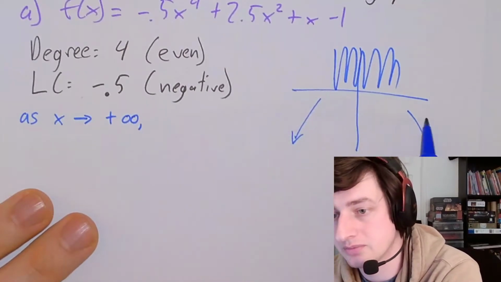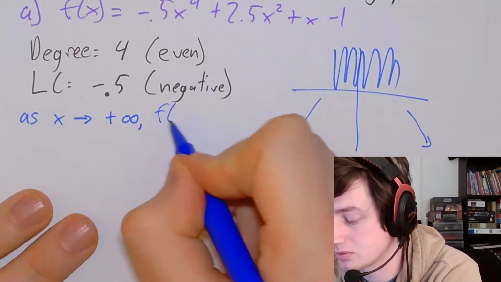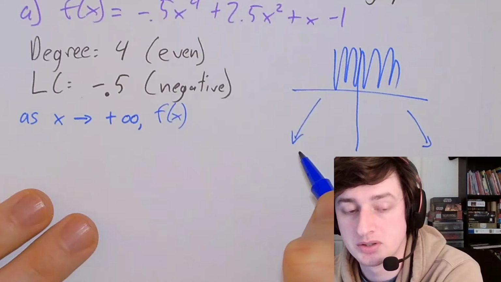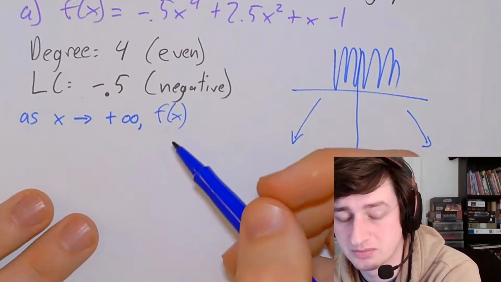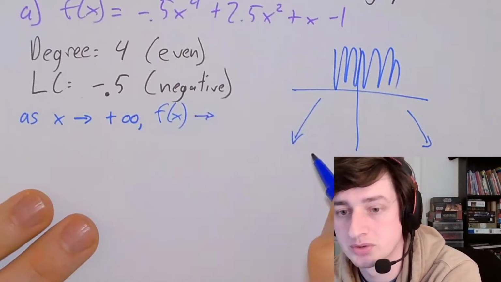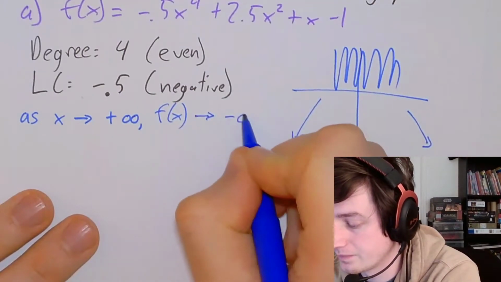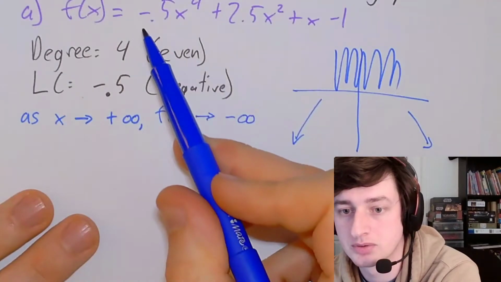As we go to the right, does the graph go up or down? Do the outputs of our function, f of x, become big positive numbers or big negative numbers? Well, f of x is going to approach negative infinity. As I go to the right, the graph goes down because this number is negative.